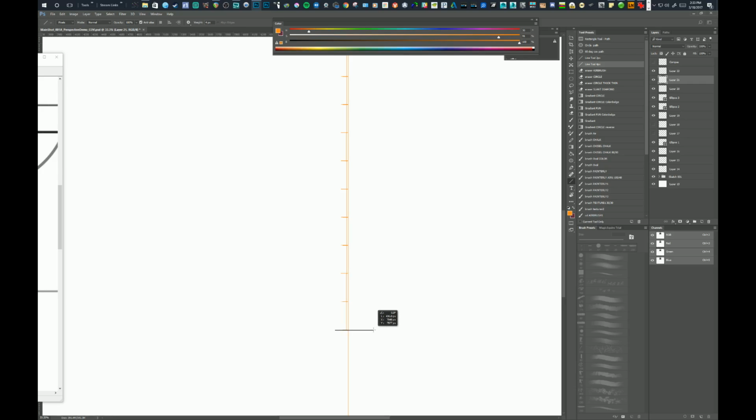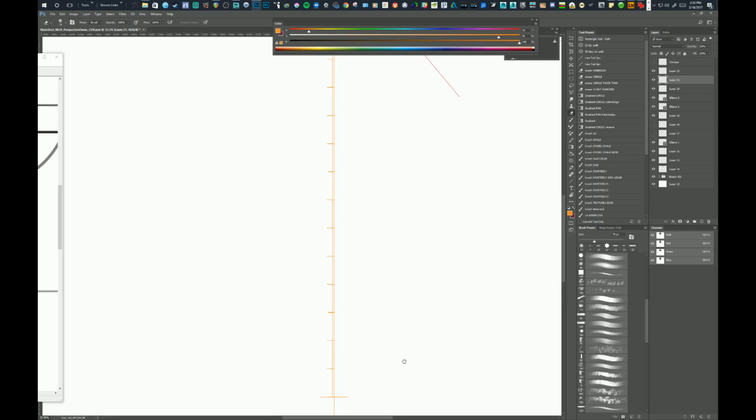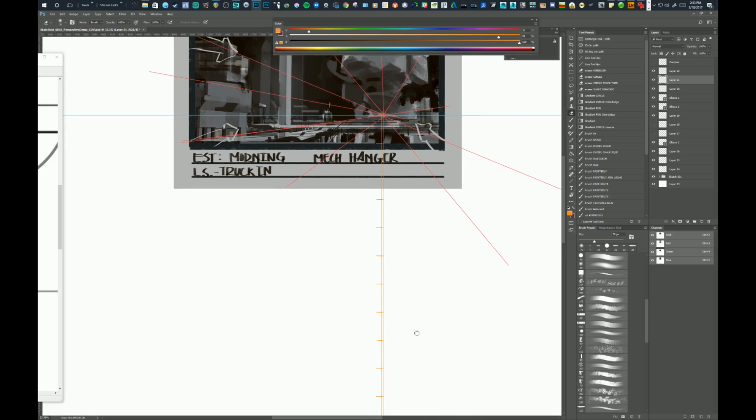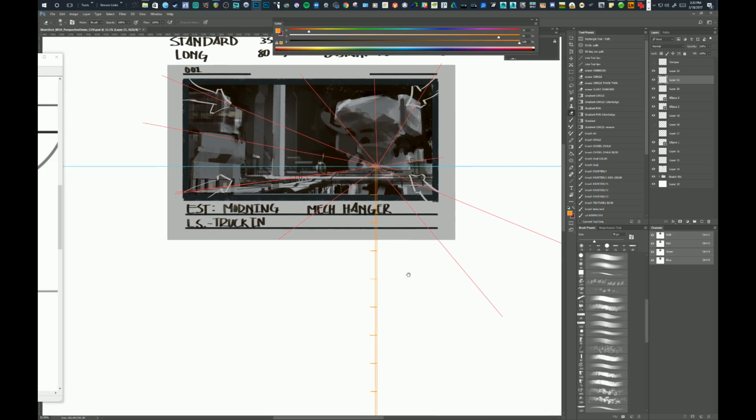But 16 units will give us something that is equally divisible. It's much easier to measure using 16 as opposed to 15, right? So if I wanted to multiply or divide a space, 15 units is harder to divide than 16, because 16 is divisible by 2, whereas 1, 3, 5, 7 is not.